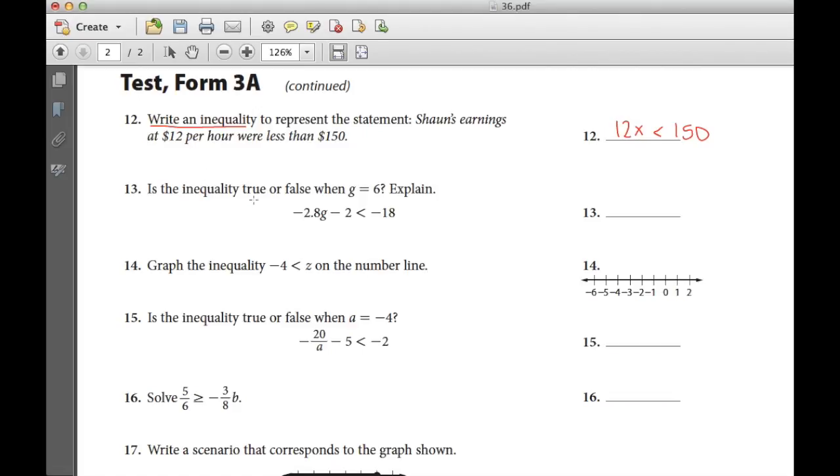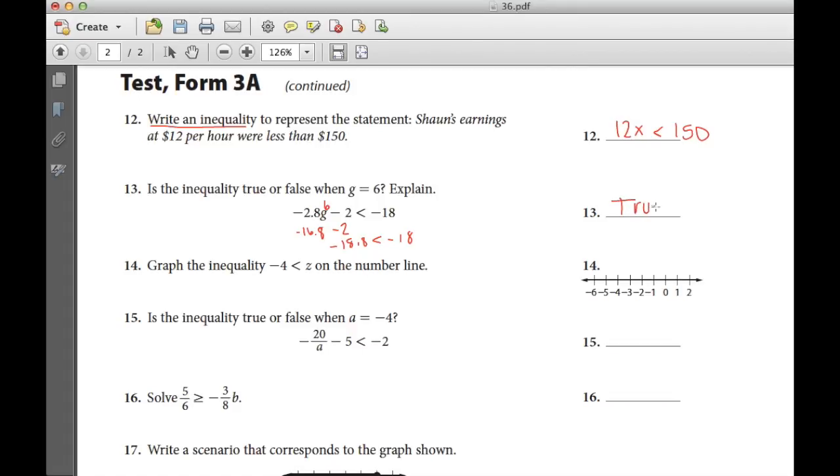Number 13, is the inequality true or false when g is 6? 6 times negative 2.8 is negative 16.8. Minus 2 more would be negative 18.8. And negative 18.8 is less than negative 18.